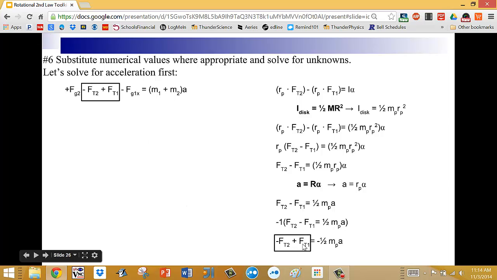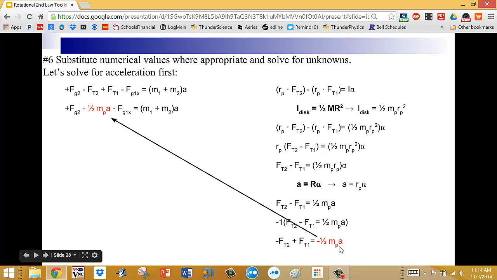Notice that this part of the equation, because we multiplied both sides by -1, looks like that part of the equation. So I'm going to do some substitution where I plug this part into that equation. Essentially -1/2 m_p a I'm going to put in there, replacing Ft2 minus Ft1.